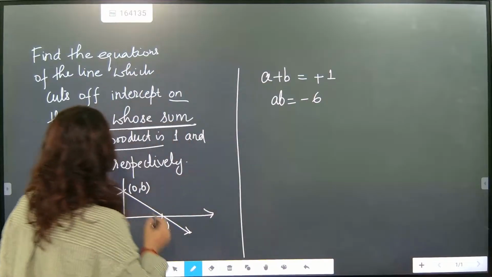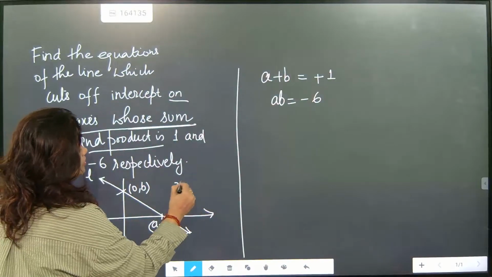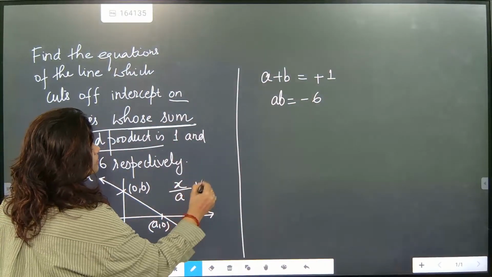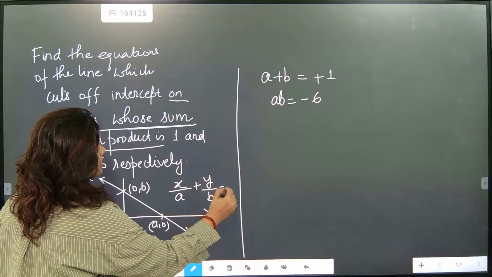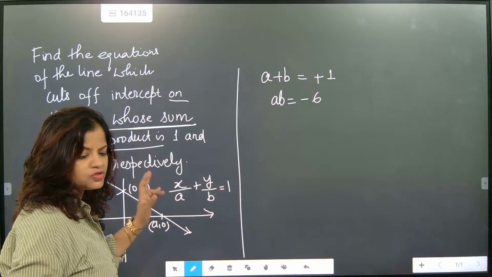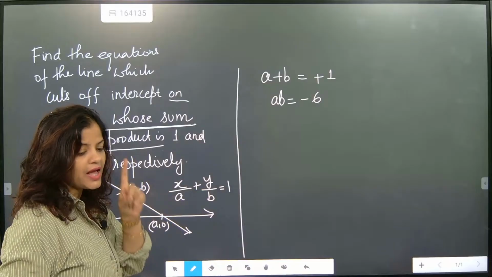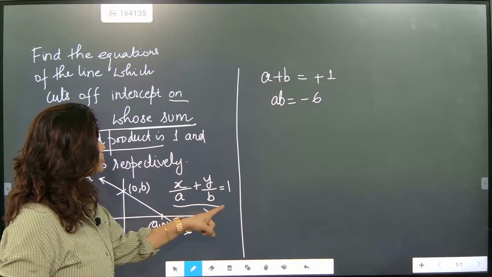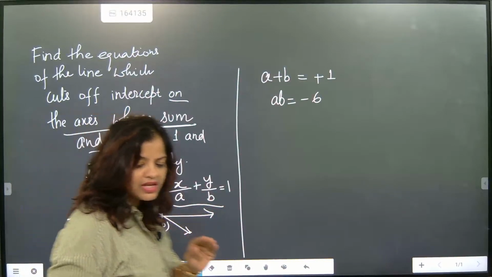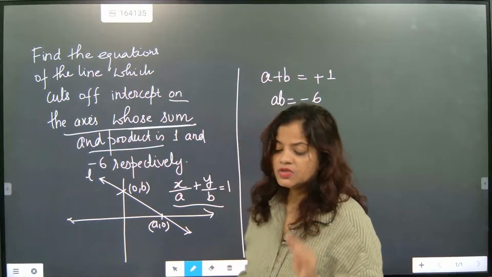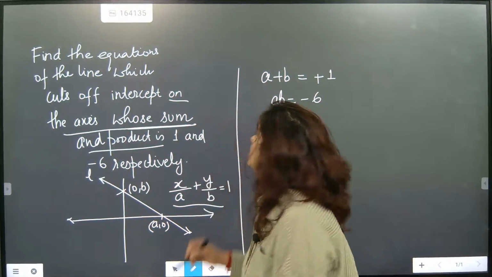After that, finally when the equation comes, your equation is supposed to be x by a plus y by b equal to 1. After solving these two equations, you have to find a and b and then substitute into this one. So you will get the equation. This is the most important thing you need to do.